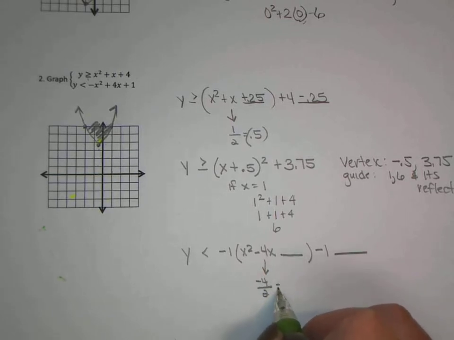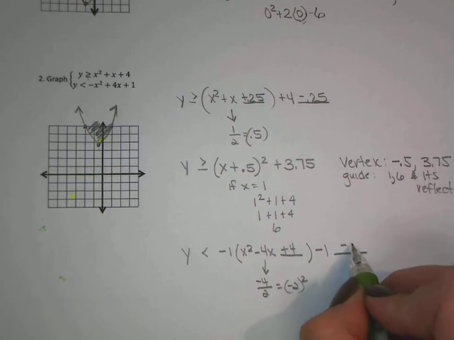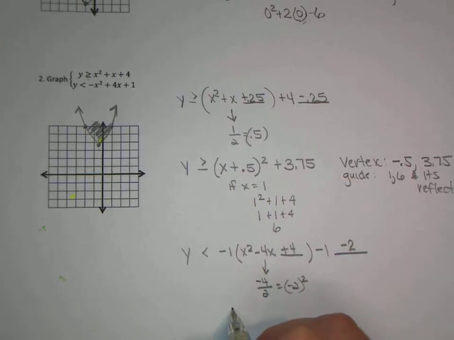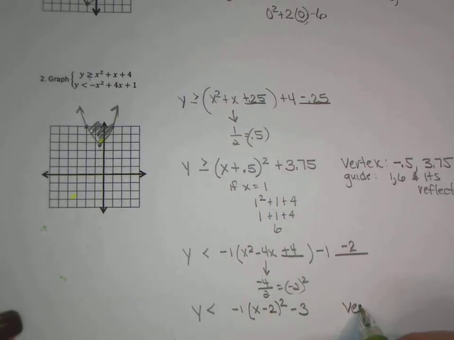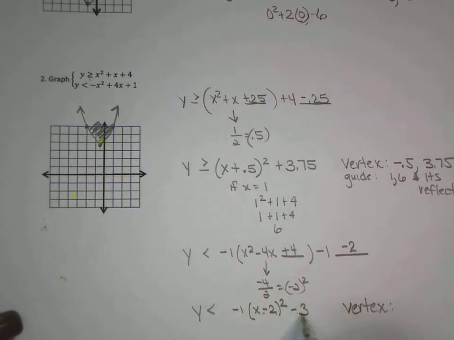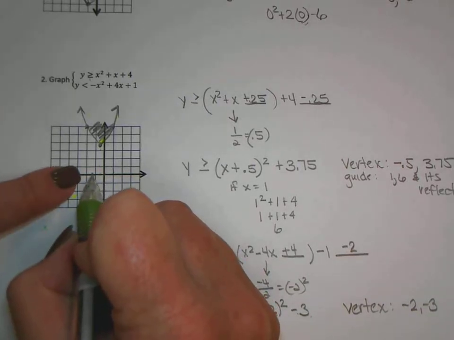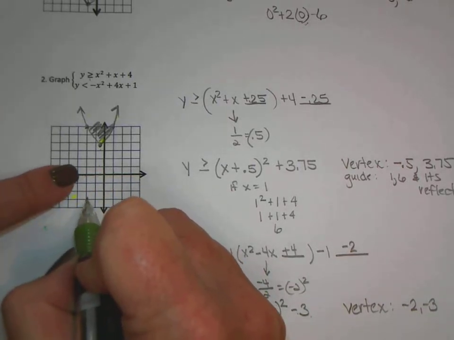Divide it by 2, square it, you're going to add it here, and you're going to subtract it here, which gives you -1, x minus 2 all squared, minus 3. So your vertex would be -2 and -3. So -2, negative 3 is your vertex.